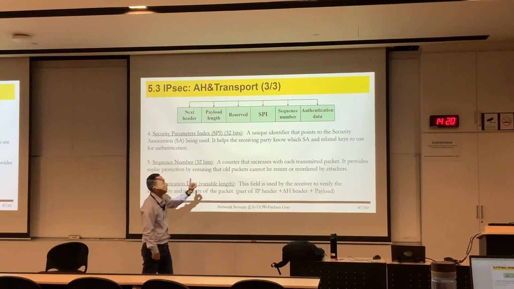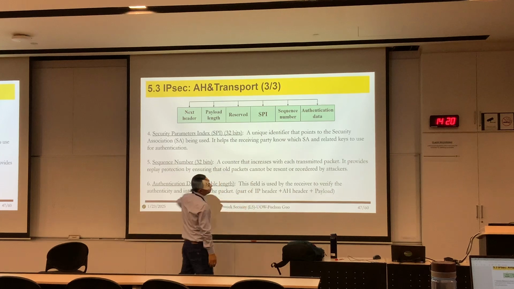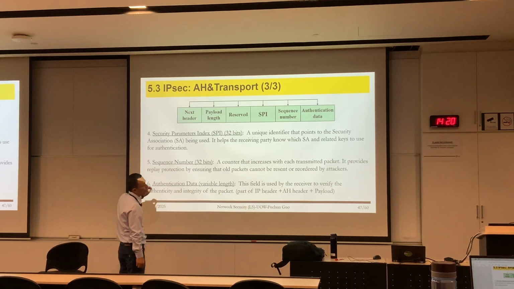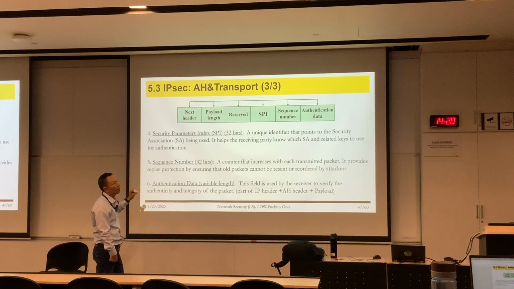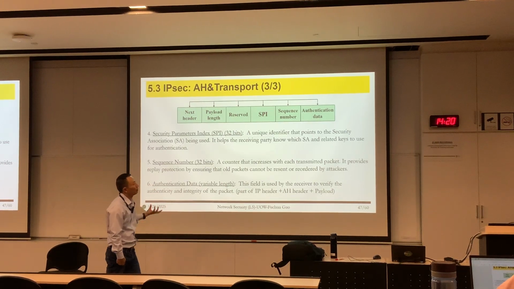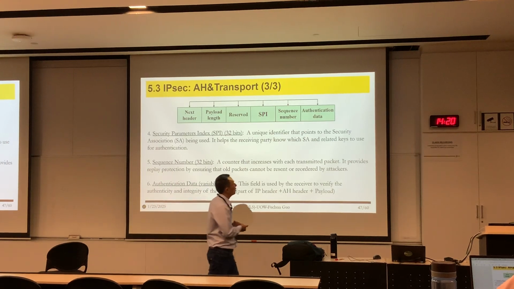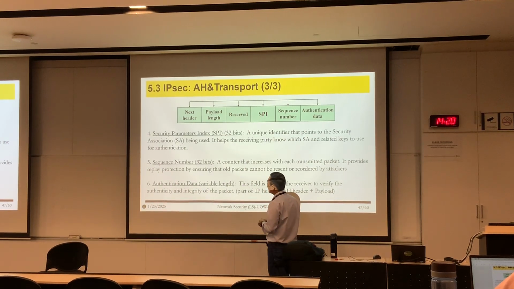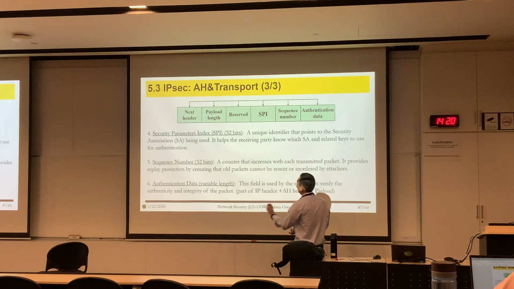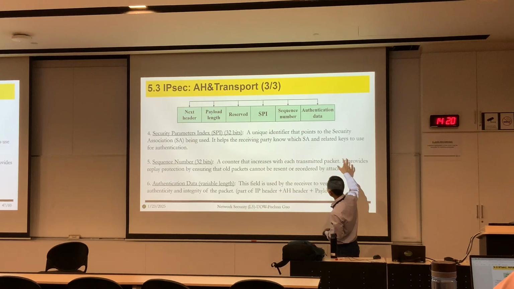Once we reach one sequence, even if the attacker tries to replay or resend some old package, that package will be discarded. For example, the sequence is already at 100, but now a newly arriving package shows sequence number equal to 2. It means that this must be something old, so it doesn't need any response to that old package. And the purpose is for integrity.